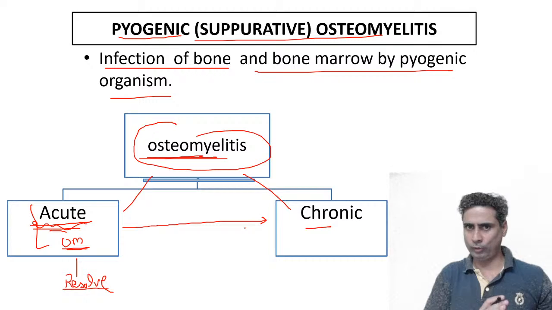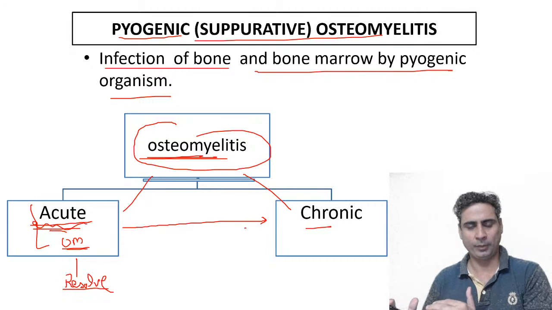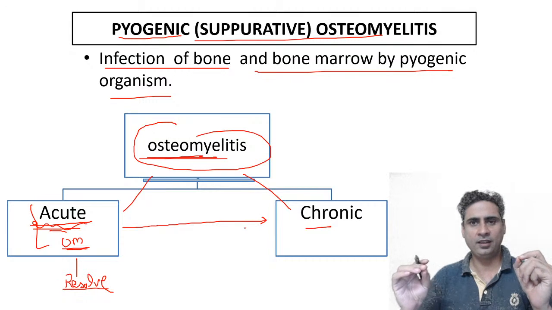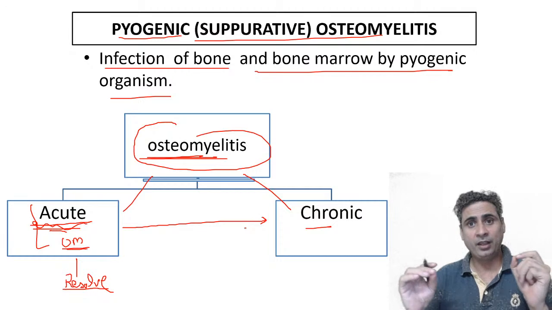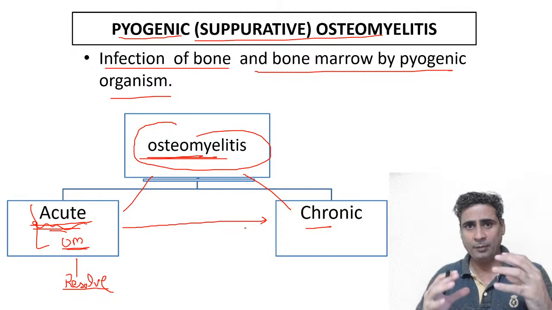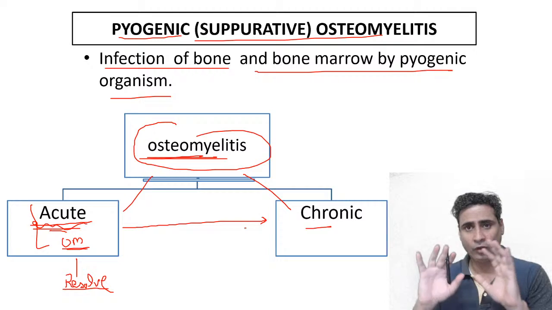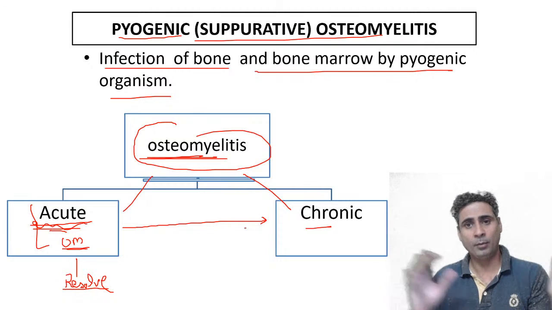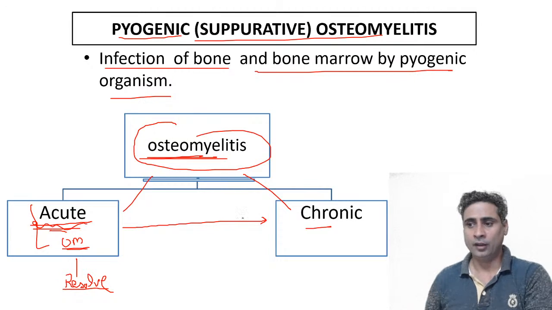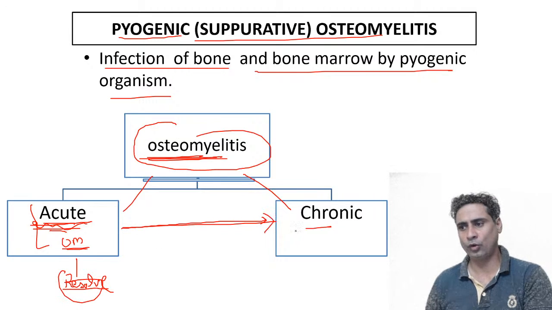So acute osteomyelitis and chronic osteomyelitis, these are the phases of same disorders. These are different phases of same disorders. These two are not different pathologies, they are same but in different phase of disorders. Okay, so whenever there is pyogenic infection in bone, there will be acute onset. If you treat the patient properly within time, it will resolve. If you are not treating properly, it will go into chronic osteomyelitis.